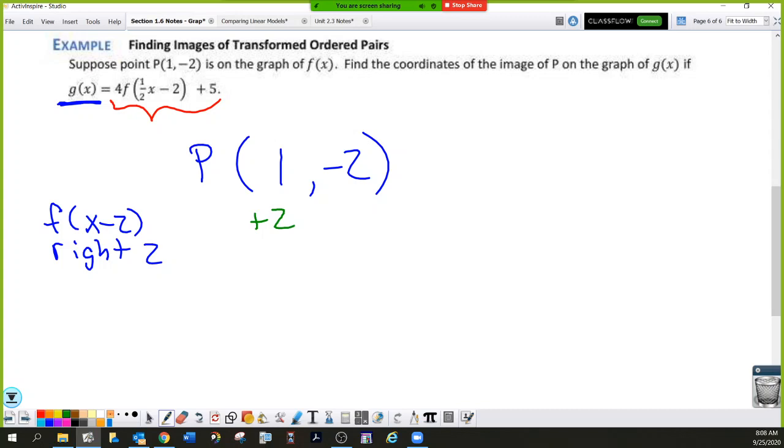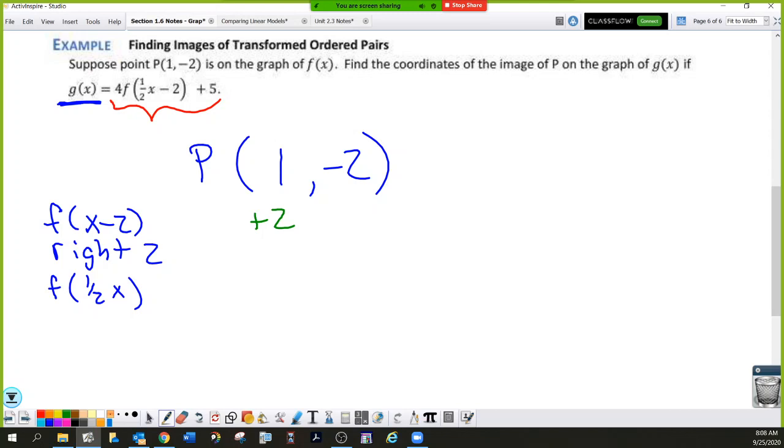Then, if it had just said f of 1/2 x, what was it telling you to do? How about this? Before you try to say the word stretch or shrink, describe the factor. It's a factor of 2. So is that a stretch or a shrink?